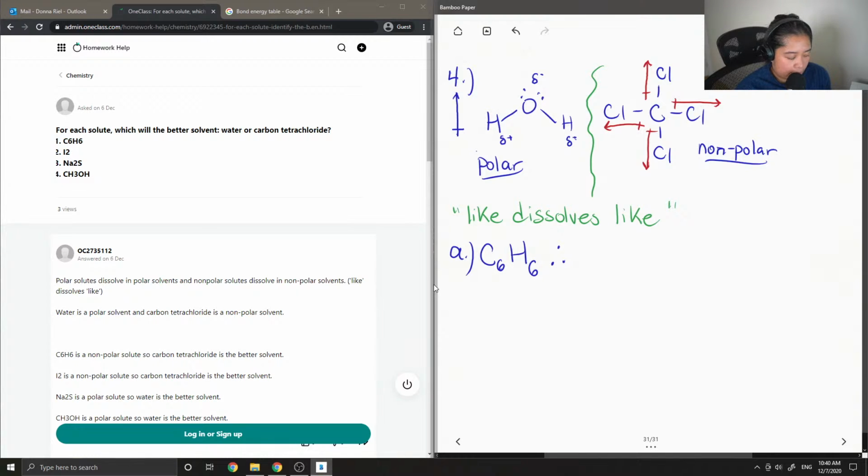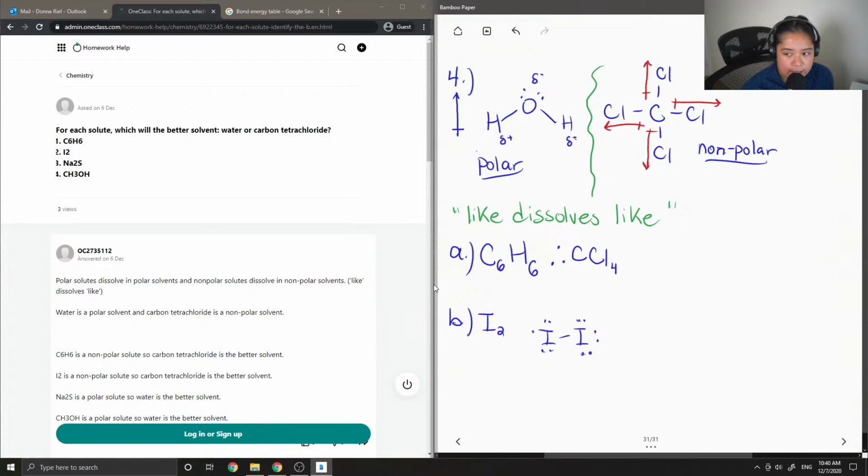So therefore, this hydrocarbon can dissolve in the nonpolar solvent, carbon tetrachloride. For B, we just have a simple iodines bonded to each other, a diatomic molecule.